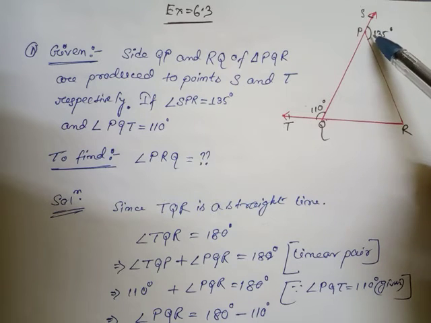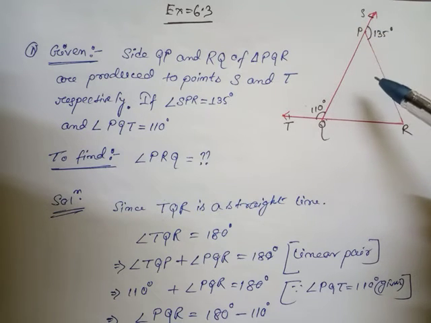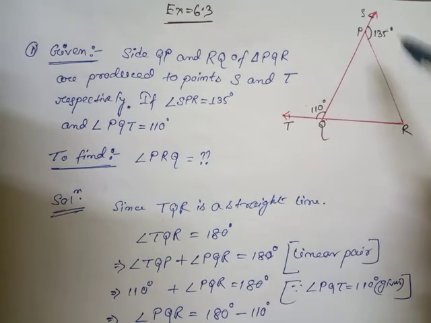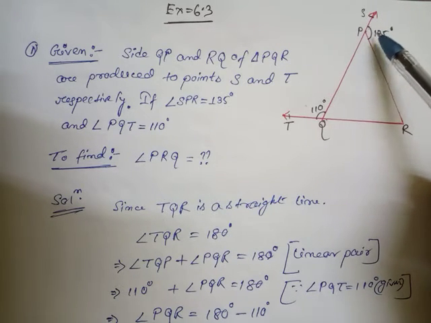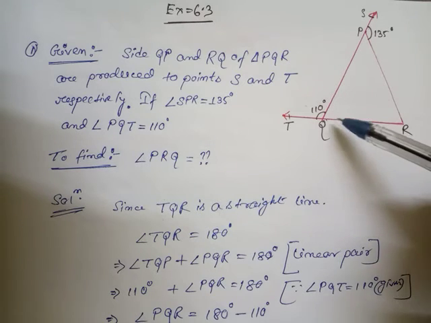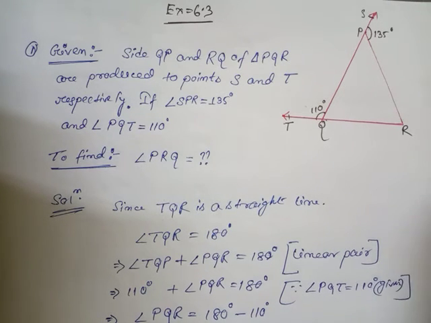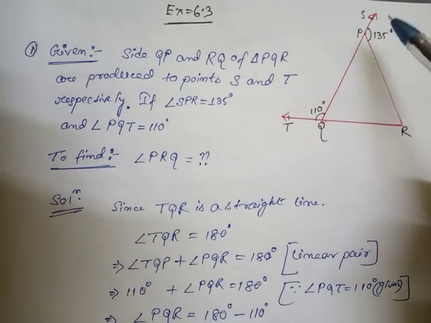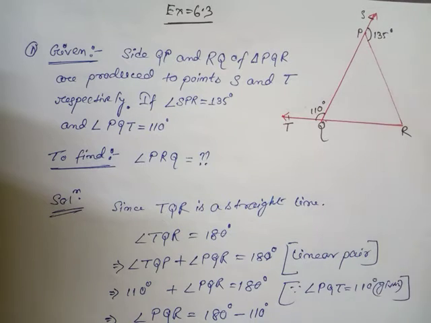If it is exterior, then its opposite angles are PQR plus PRQ, the sum of these two interior angles. I repeat again, the exterior angle is equal to the sum of the opposite two interior angles. This is our theorem 6.8. So we will apply that theorem now in this portion.